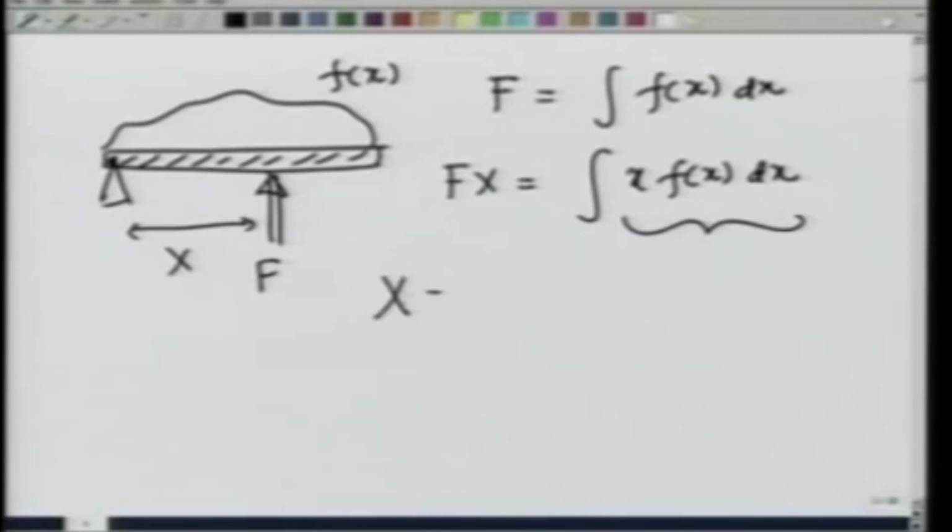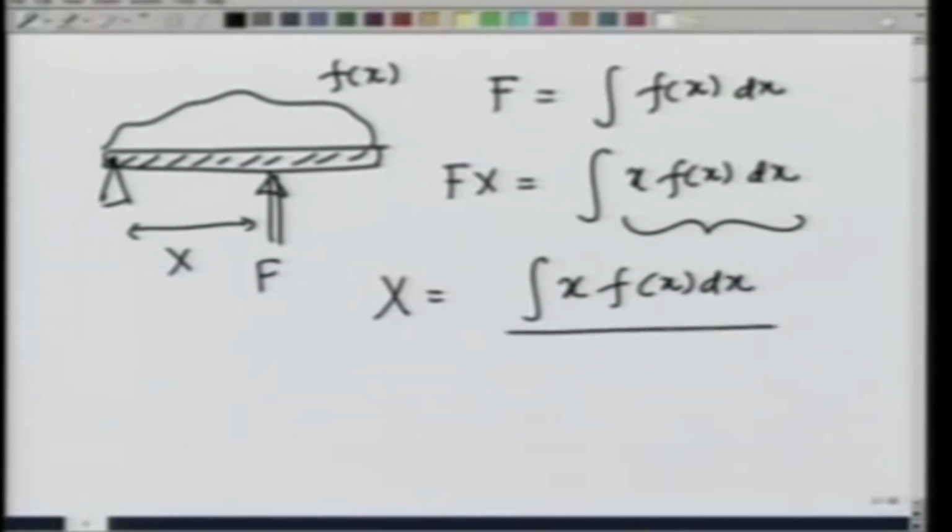And therefore, x equals integration x f x dx over F, and this by definition is the definition of centroid.